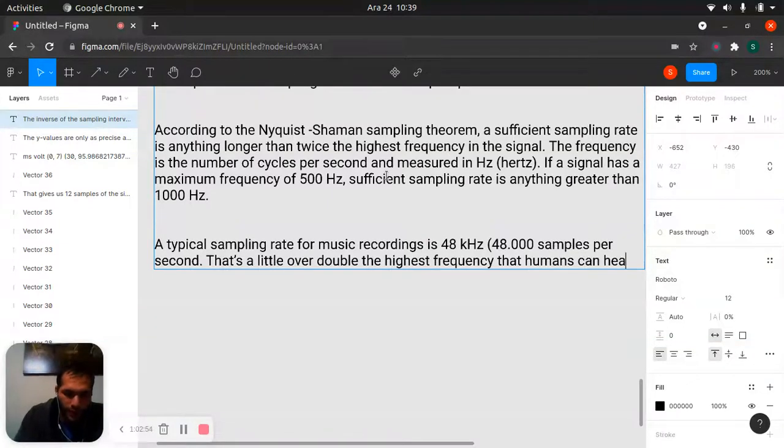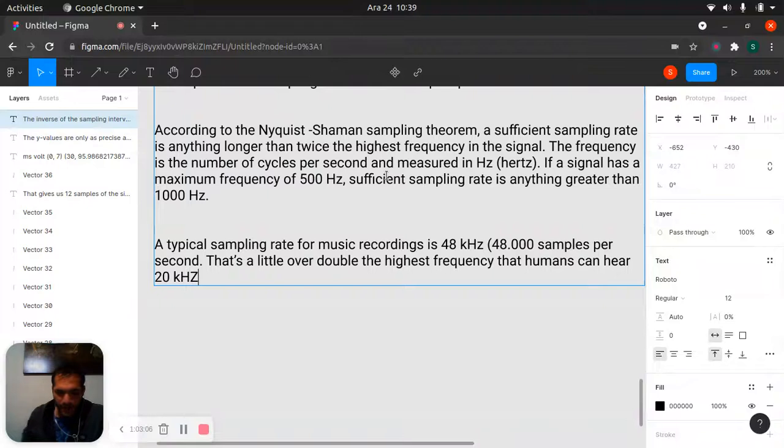Humans can hear 20 kilohertz. Really, this is like that. Let's close it and do it.